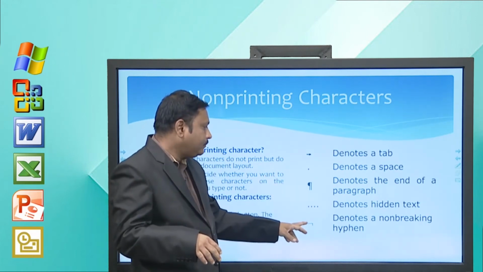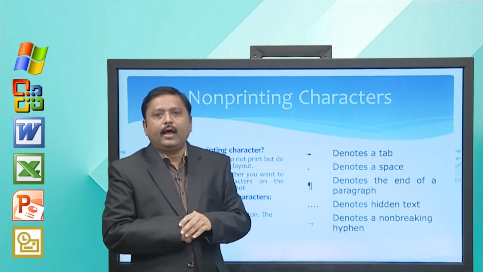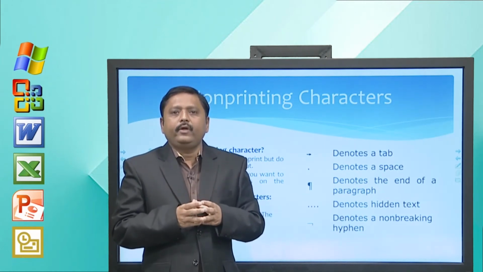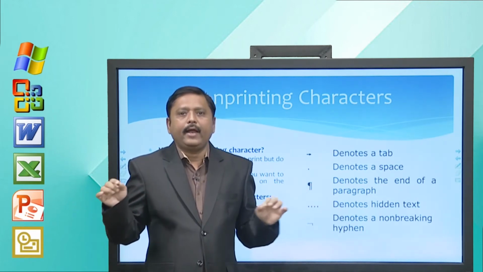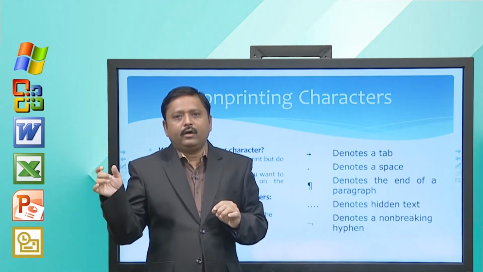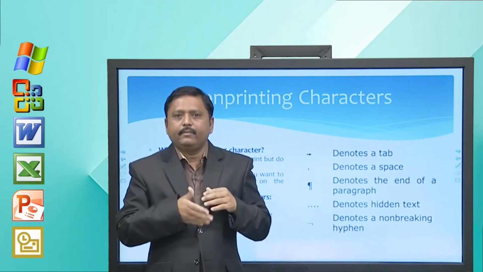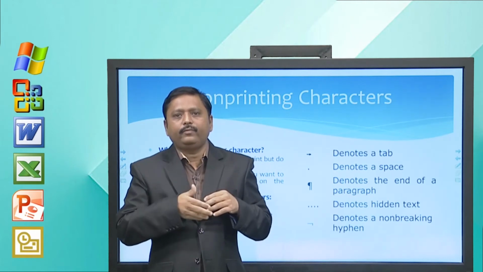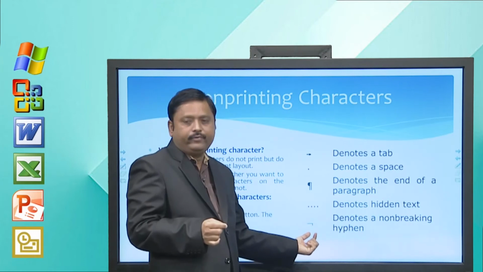And these denote a non-breaking hyphen. Hyphen means, suppose you have long spellings like simultaneously and it does not accommodate at the last, it results in a break. So, this kind of break is shown by this hyphen.